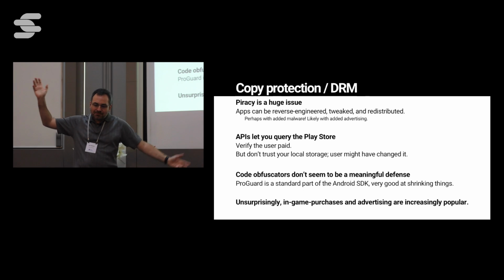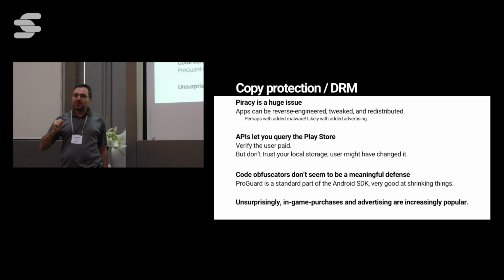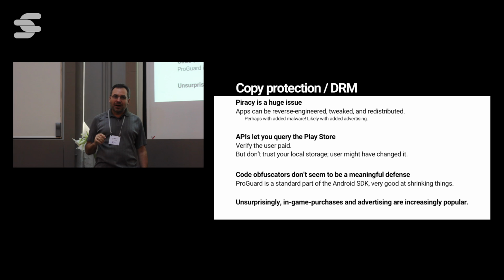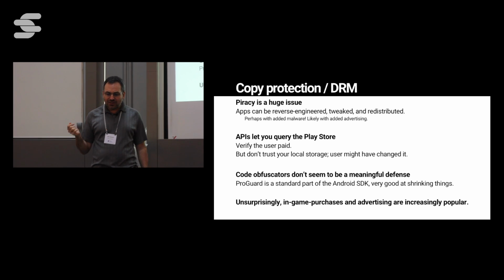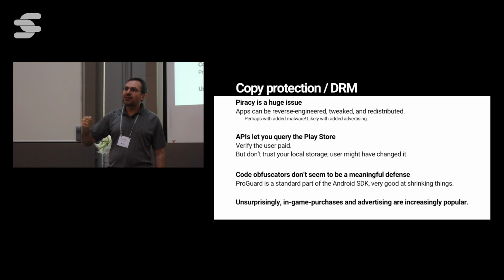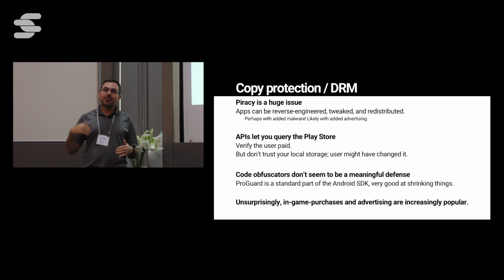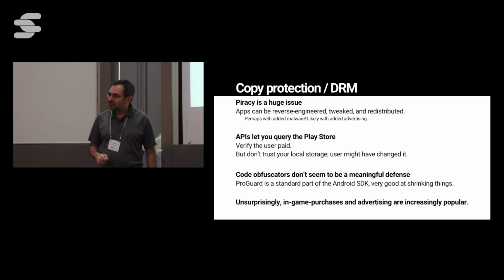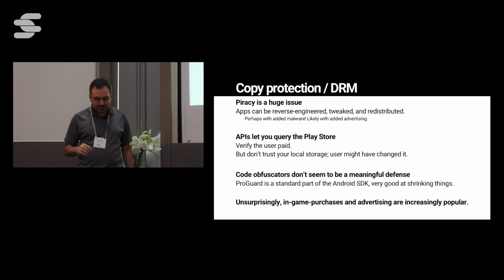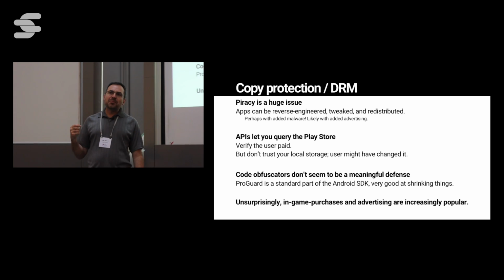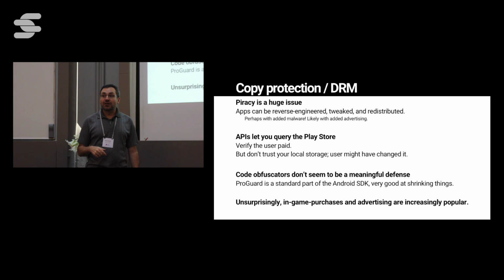Copy protection, piracy is a problem. In the talk before mine, you learned all about code obfuscation, and I think that that's an important technique. But broadly speaking, this is an open problem. How are you supposed to avoid your app being reverse engineered and redistributed? It's a moving target, right? We haven't solved the problem, not at all. There are a bunch of APIs that let you query the Play Store.